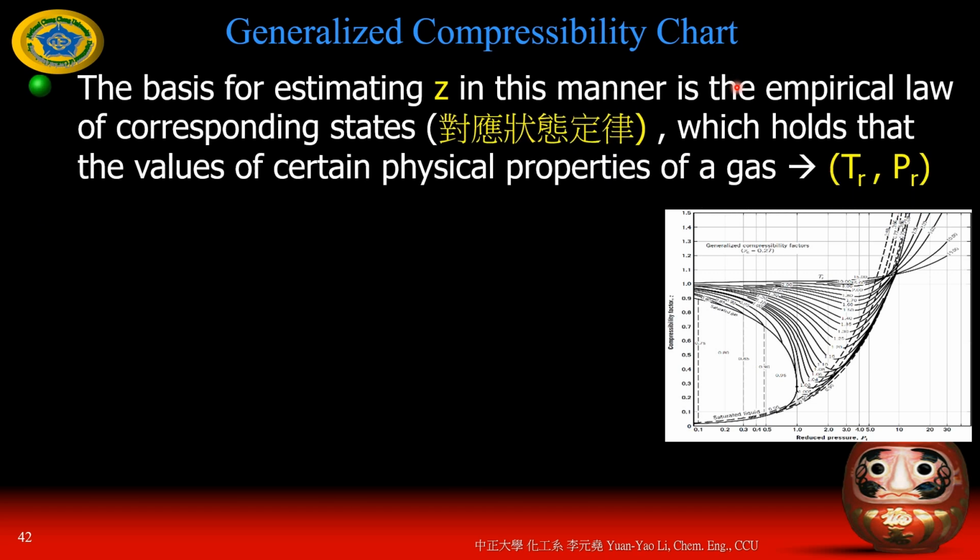Good, so the compressibility chart is important, so I want you to work with me on this topic. The basis for estimating Z in this manner is the empirical law of corresponding states. So empirical law means what? It's not precisely correct. It's roughly correct.